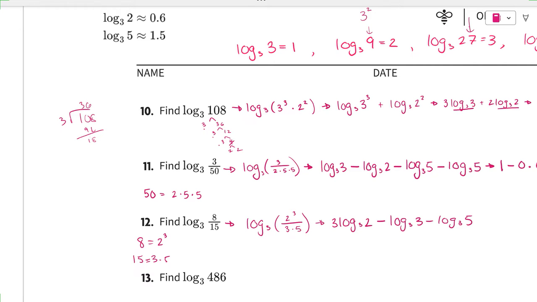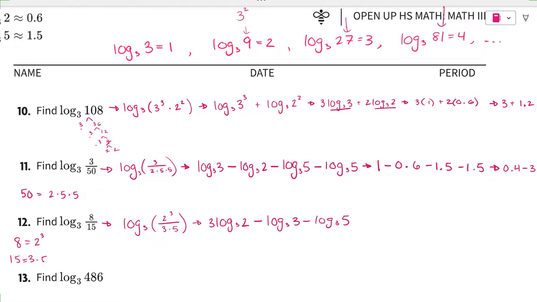Now that we've used that power rule a few times, I feel comfortable using a little shortcut and skipping one step, but by all means write it out as 2 steps. Right, this is coming from log base 3 of 2 cubed. So I have 3 times 0.6 minus, well, log base 3 of 3 is 1, minus 1.5.